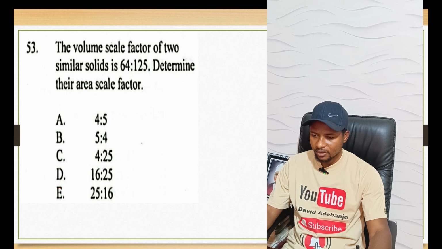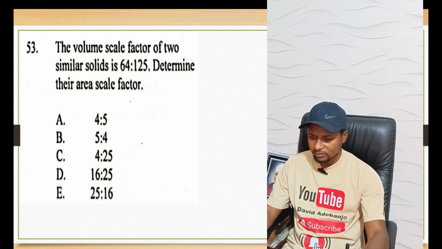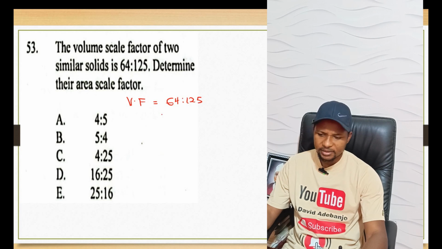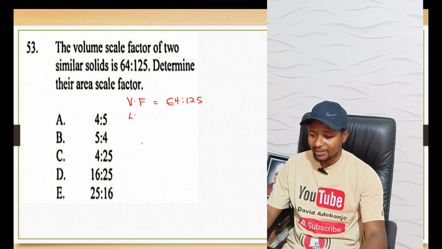Moving on to 53. They gave you the volume scale factor of 2 similar shapes as 64 ratio 125. Now they're asking you for the area. So you have to find the linear factor first. To find the linear factor, take the cube root of 64 ratio 125.